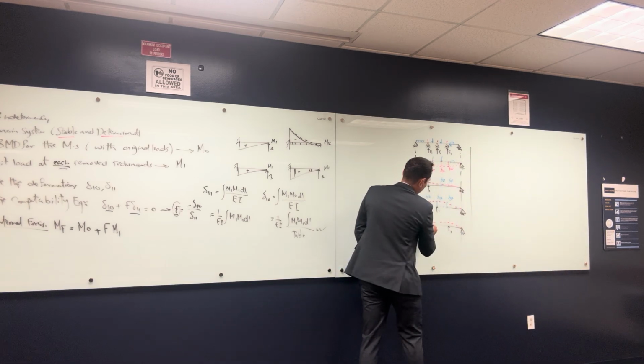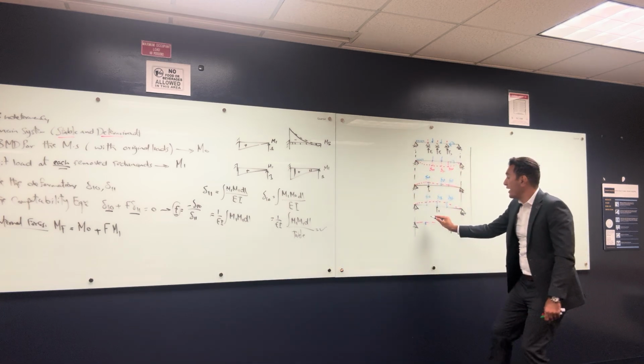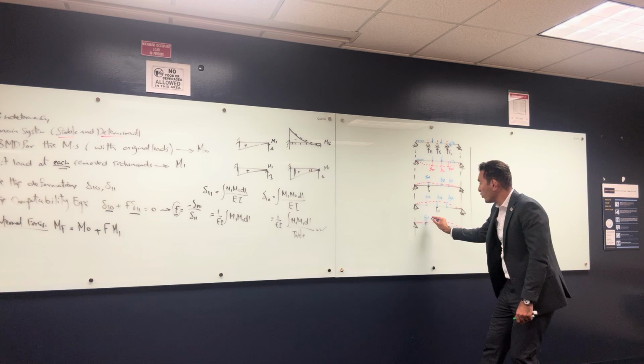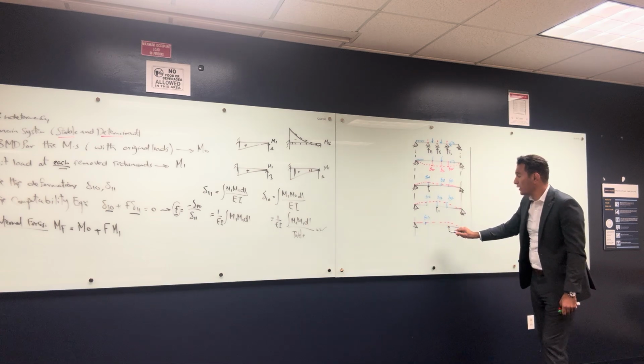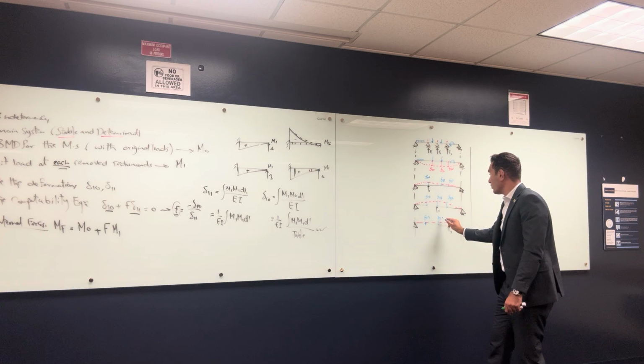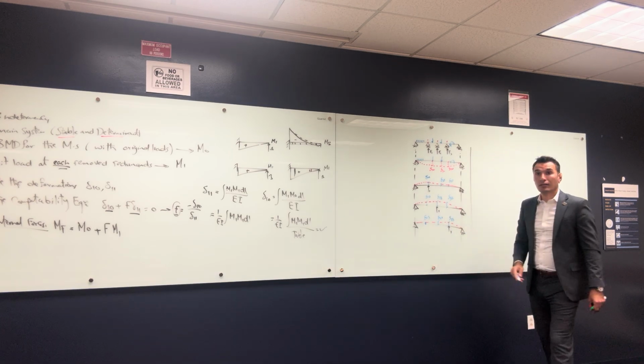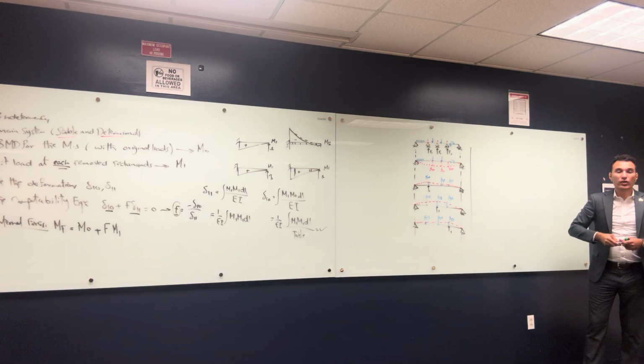How about here? Delta 1, 3. That means this is delta at point 1 due to a unit load at 3. And this is delta 2 due to unit load at 3. And this is delta 3. Okay? So that's how we do it.